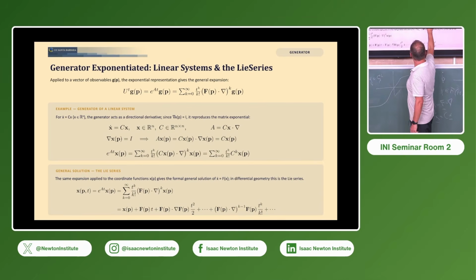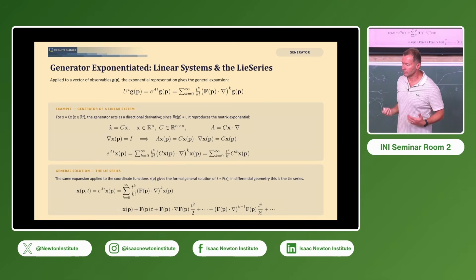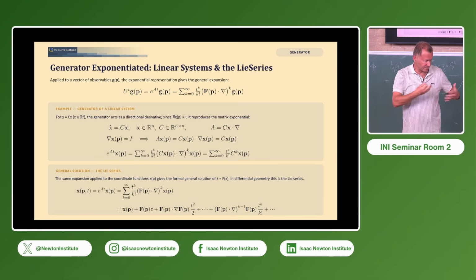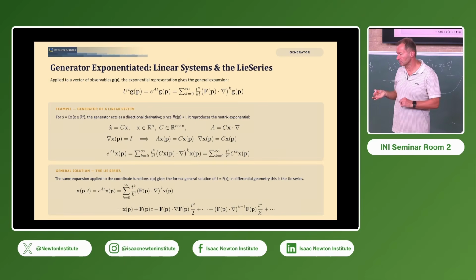But the point is, this x here is not what we're used to calling a coordinate. It's actually an observable. So we're turning standard things on state space coordinates into observables.